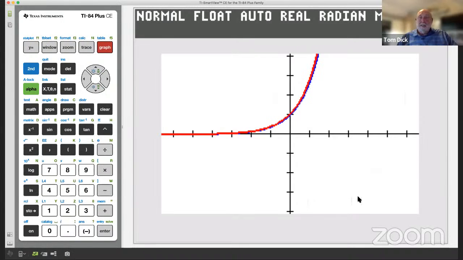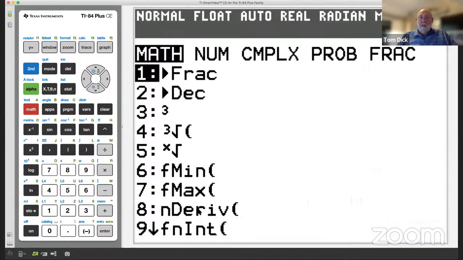And it's an extremely nice approximation to the derivative graph. Where that's found is when you go to the math menu. It's that number 8, nDeriv. And I think it uses something like 1/1,000,000th as the difference value on either side of the X value that is the point of interest.